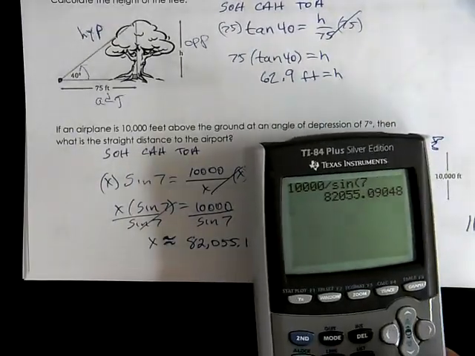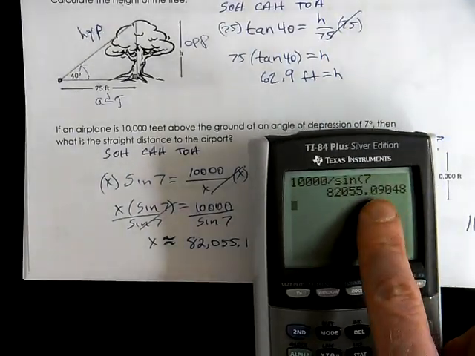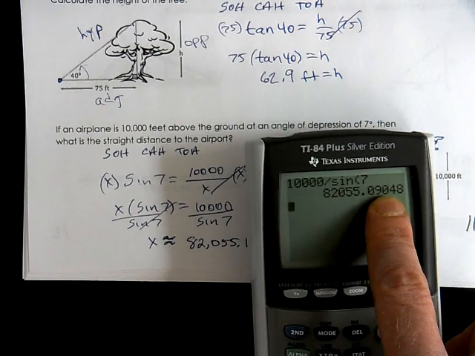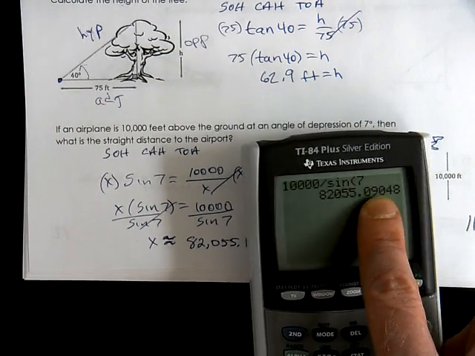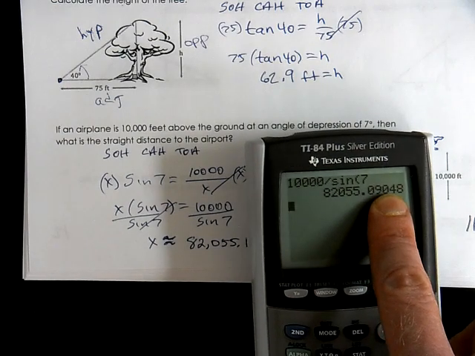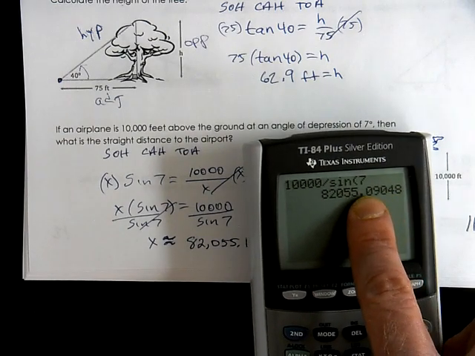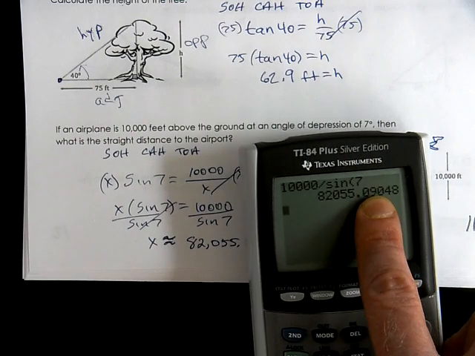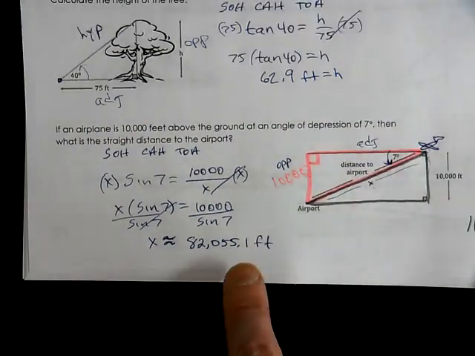We got 0.09, and if we're rounding to the nearest tenth, that would be 0.1. If we're rounding to the nearest hundredth, we look at the thousandths, and that's not 5 or bigger, so that would be 0.09. But we're choosing to round to the nearest tenth.